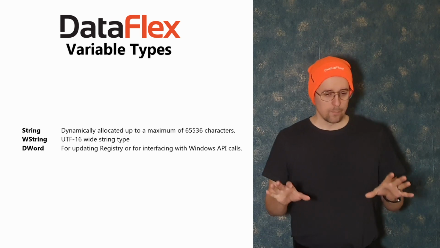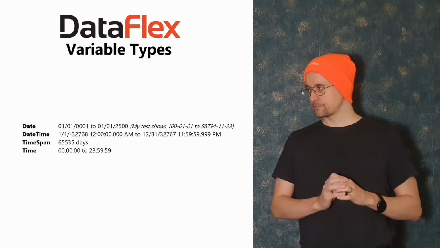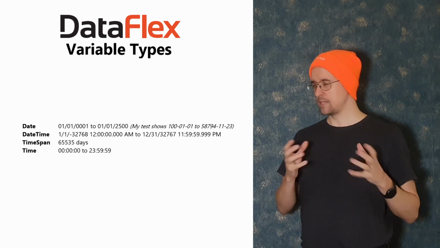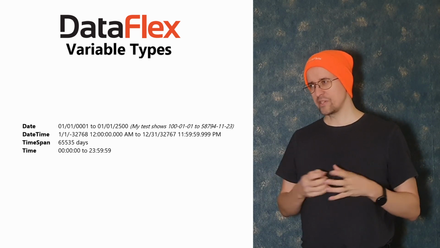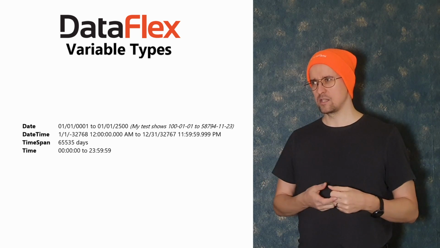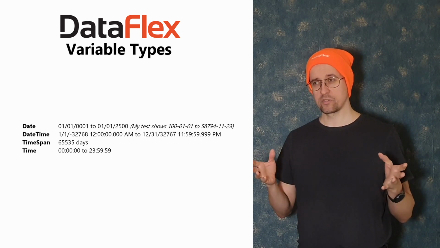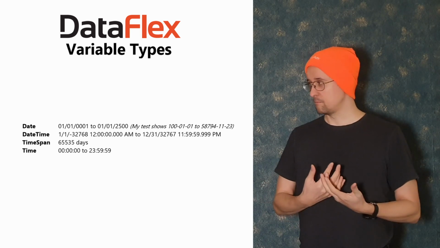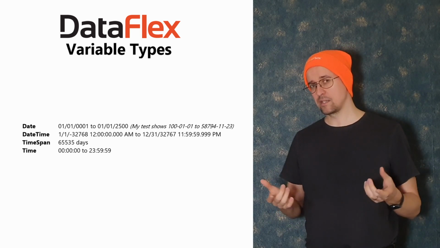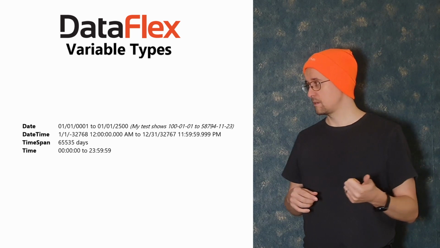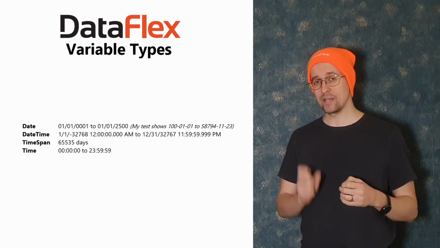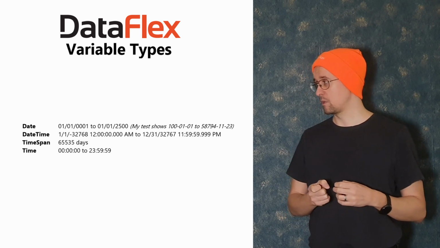Then moving on to dates and time and all of that, we have the date variable, which in the documentation says that it's going from the first of the first year one. But as we tested in the videos about date, we could actually only get down to the year 100 with a date variable.